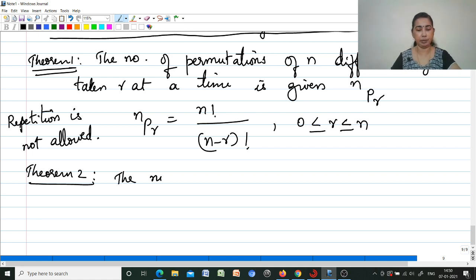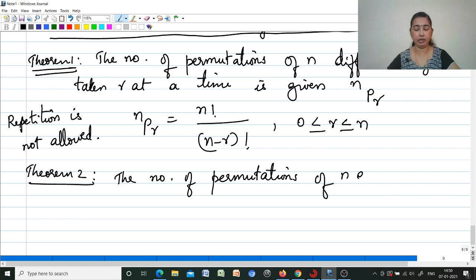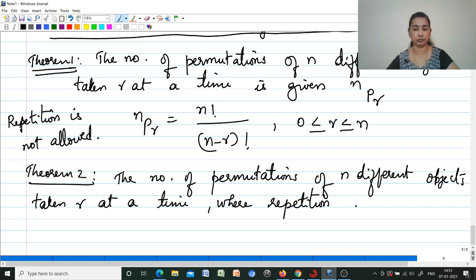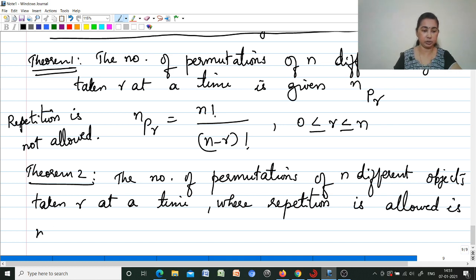So, the number of permutations of n different objects taken r at a time where repetition is allowed is n raised to r.